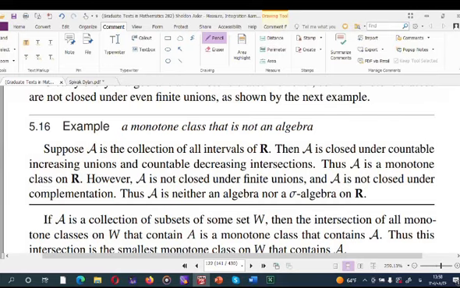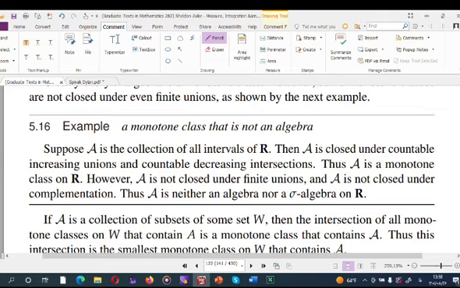Thus, A is a monotone class. However, A is not closed under finite union and A is not closed under complementation. Thus, A is neither an algebra nor a sigma algebra. Okay?